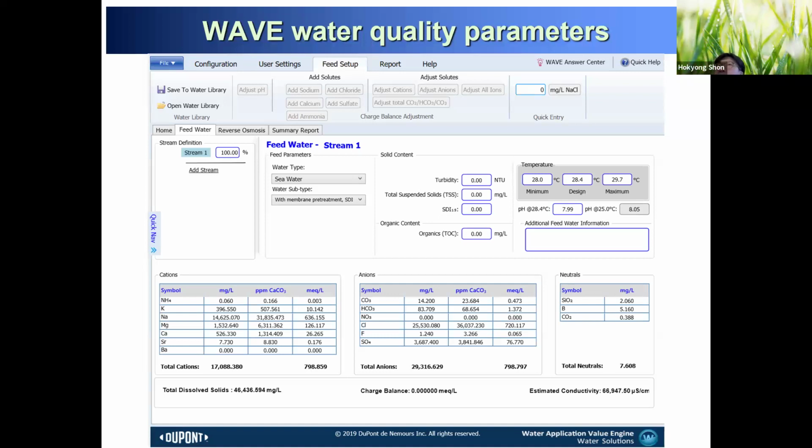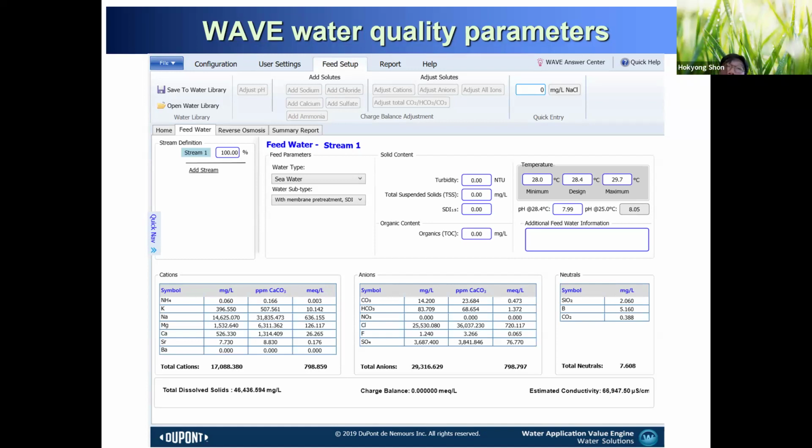That's how reverse osmosis impacts your overall water quality. Whatever input you have, you will see all the output of your water quality data, even heavy metals and any detailed compound, from your software.